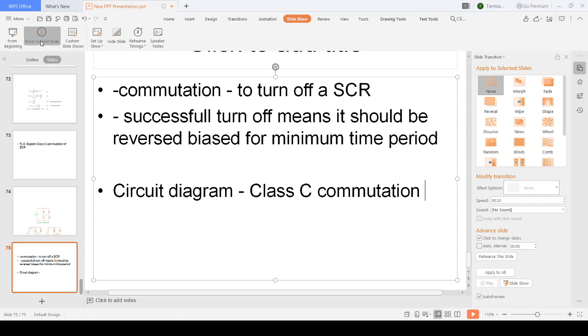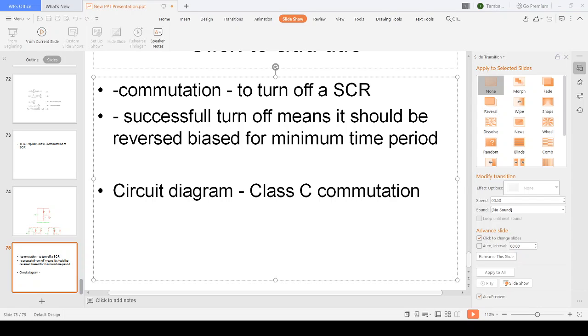Now refer to the circuit diagram of Class C commutation. A circuit diagram is nothing but an interconnection of different components.